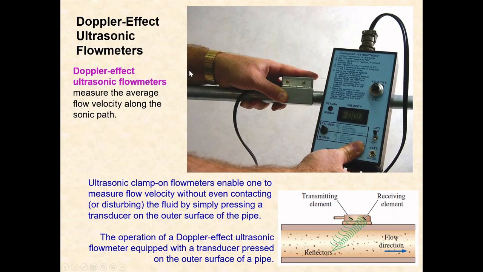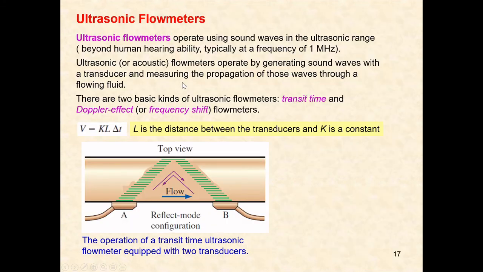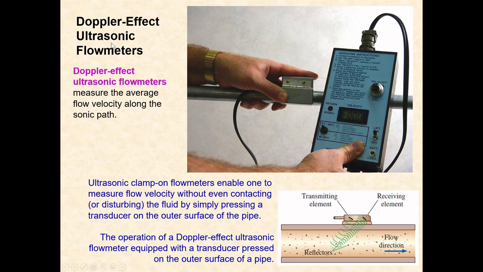Apart from the transit time flow meter, there is another one called the Doppler effect ultrasonic flow meter. It measures the average flow velocity along the sonic path. So this is a figure. You have this transmitting and also receiving element.